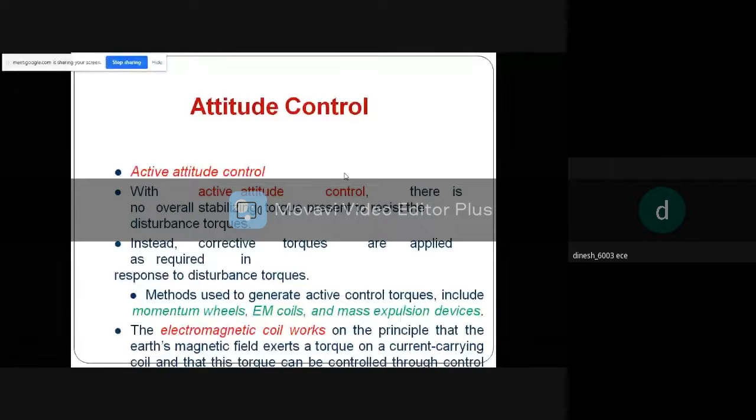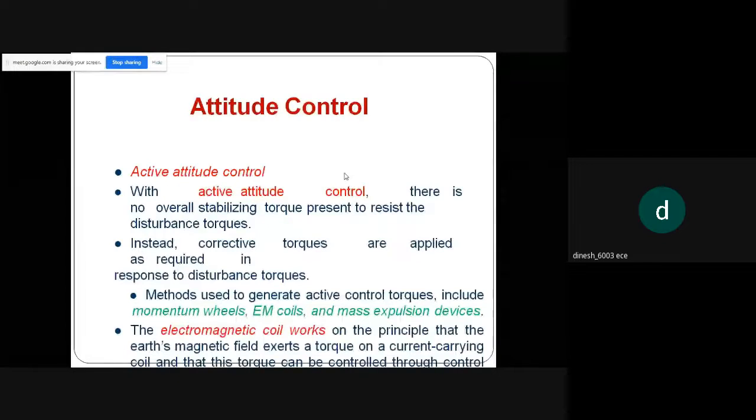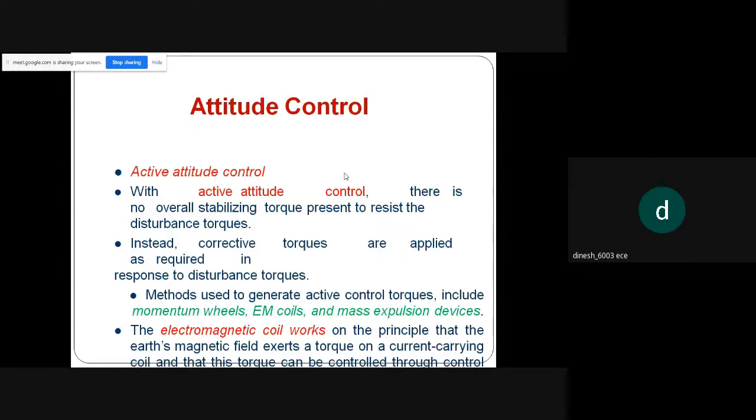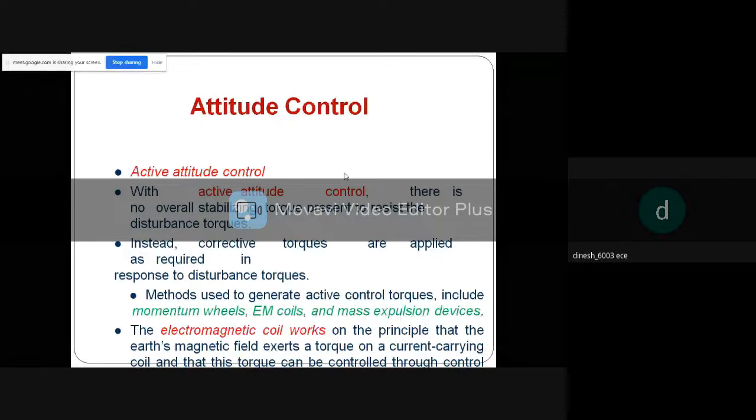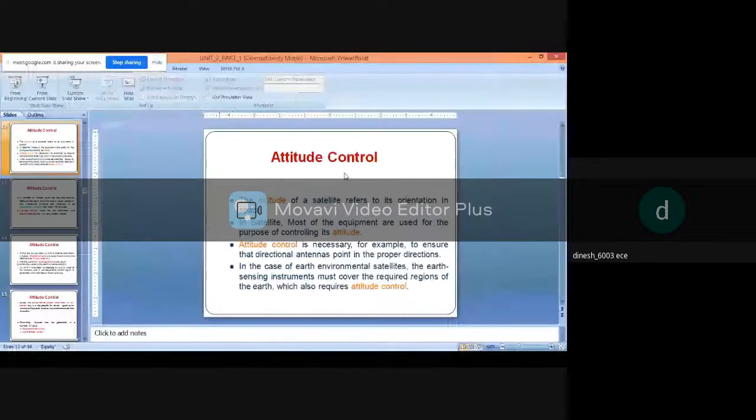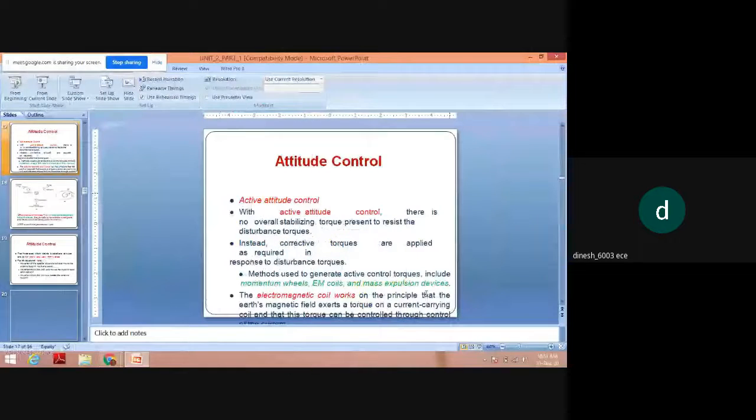And this electromagnetic coil works on the principle that the Earth's magnetic field exerts a torque on a current carrying coil, and that torque can be controlled through control of the current.